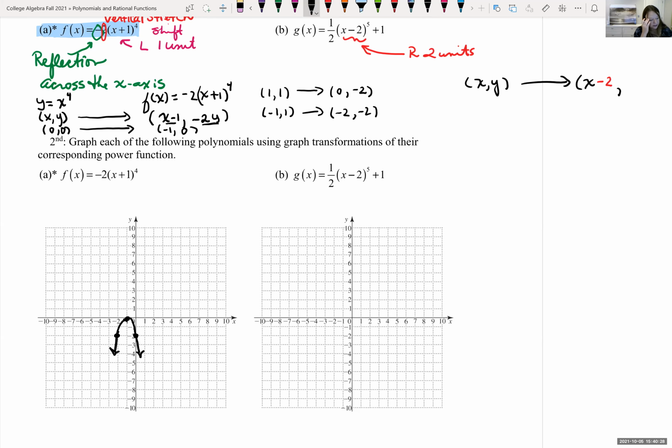The 1/2 is making it so it's growing at a slower rate. So it is compressing it vertically, because how our book had said it. And we're going to get 1/2 times our y value.